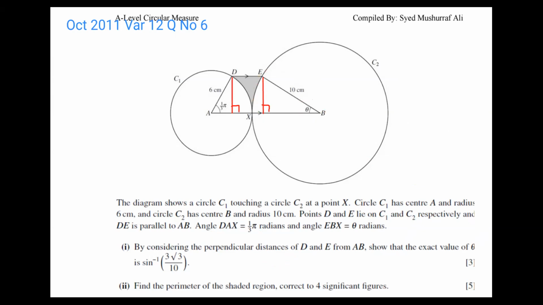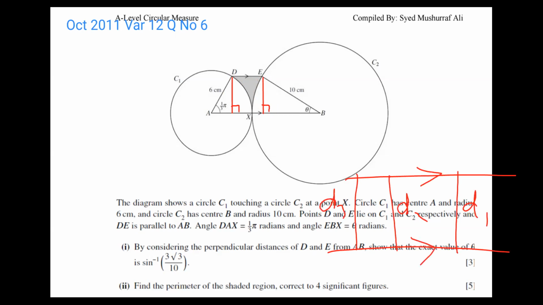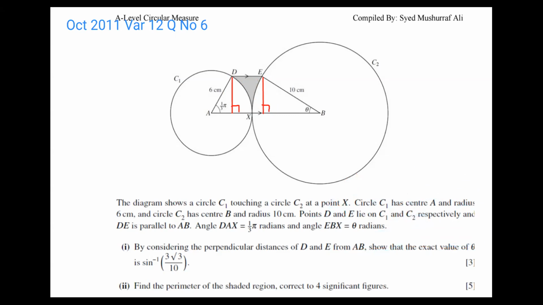The problem is that in this triangle we don't have enough data. What we can find is that this distance and this distance are equal. Whenever two lines are parallel, the gap here, D1, the gap here, D2, the gap here, D3, are all equal. So this concept will help me to solve the first part.